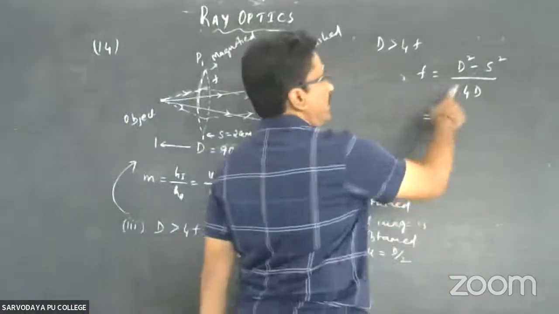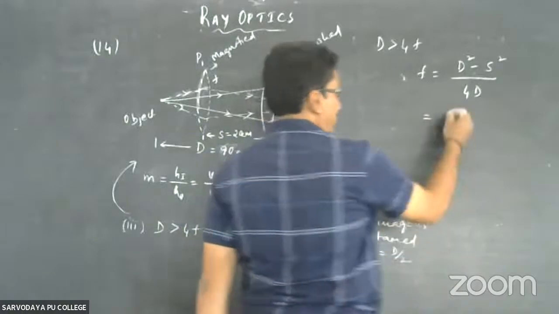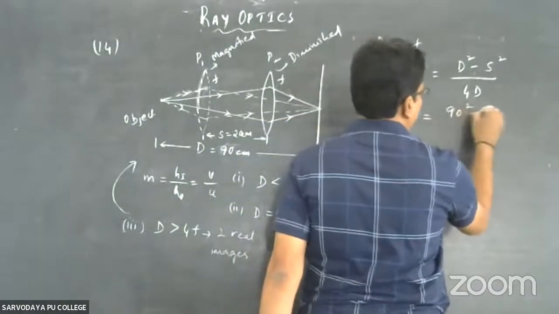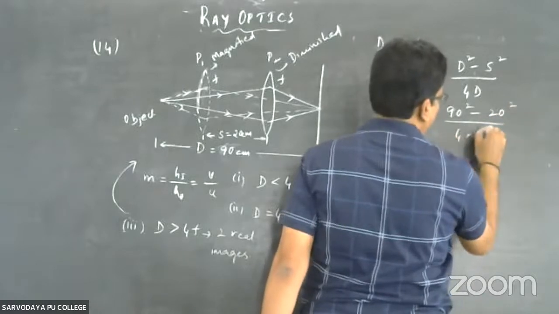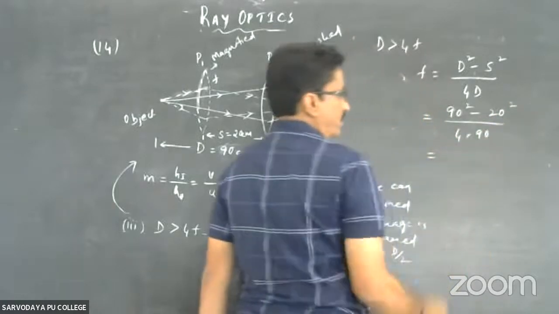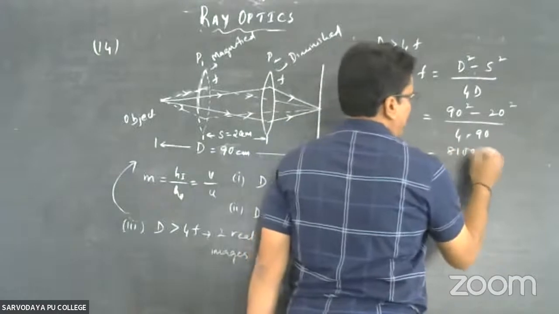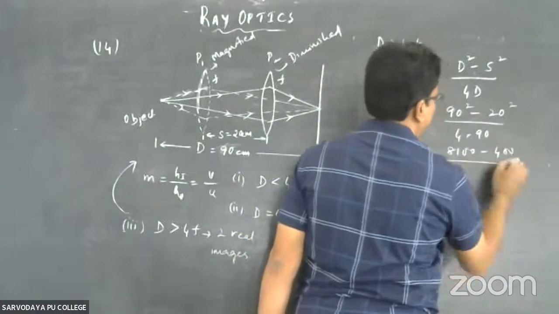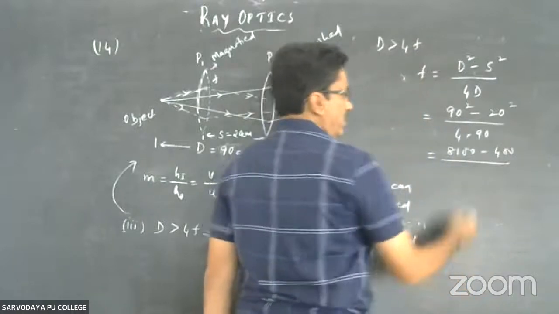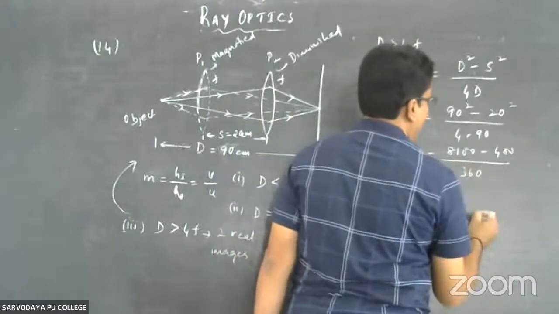Now, f is equal to D square minus S square by 4D. D square is 90 square, minus S square is 20 square, divided by 4 into 90. This is 8,100 minus 400, divided by 360.